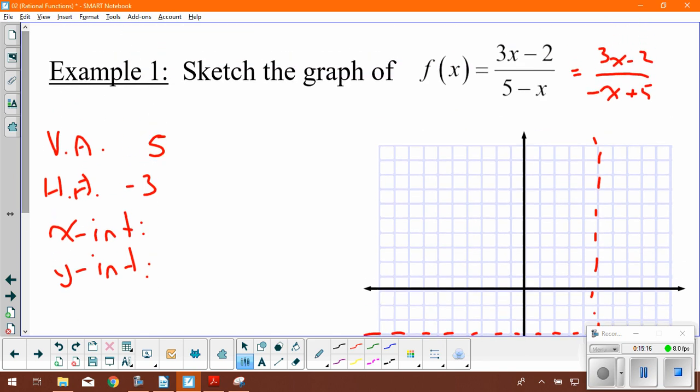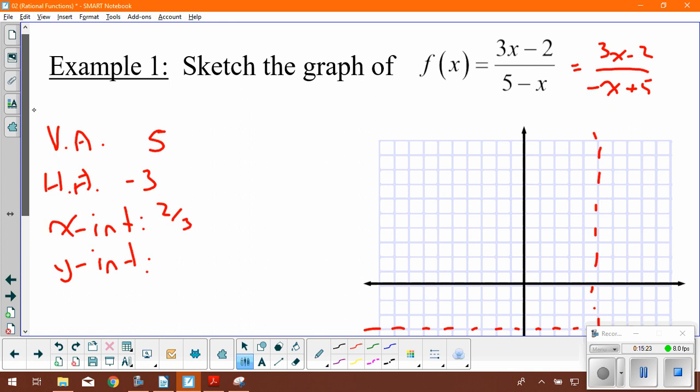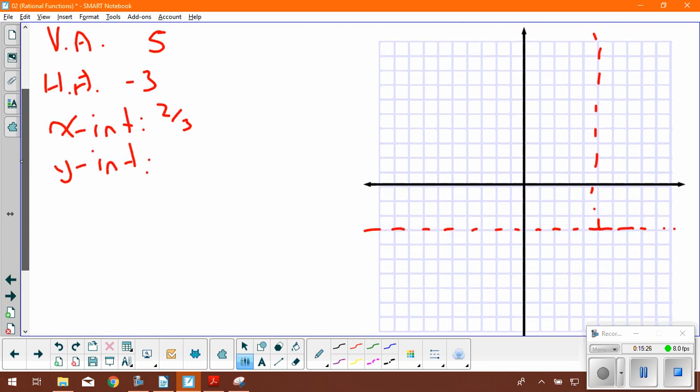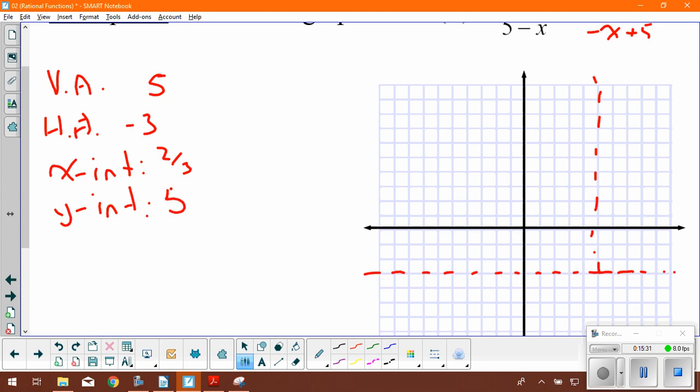My x-intercept is the root from the numerator, which is 2/3. And the y-intercept is from the denominator, so that's 5. So we have a y-intercept of 5. The x-intercept is 2/3. So my graph looks something like this. This part goes up and heads over towards the line, and this part is down in the bottom.